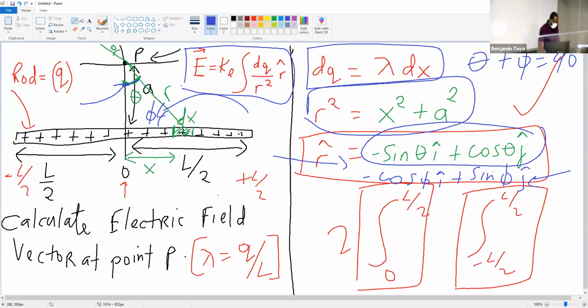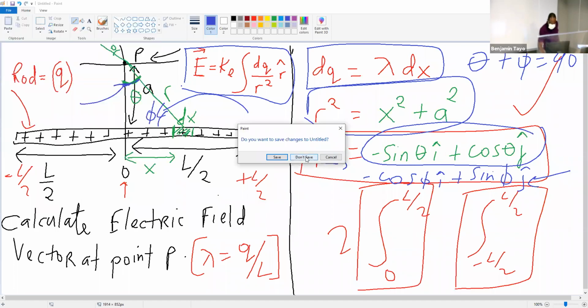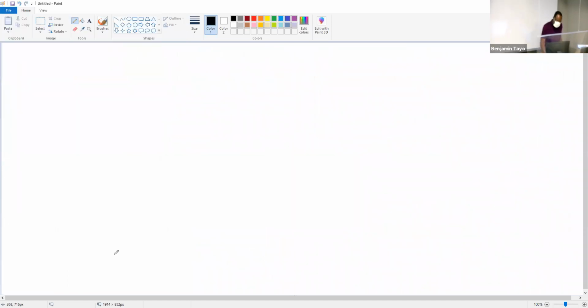Now, just because of time, let me just go ahead here. I'll write down everything that we know so far. So my electric field is KE. So this is what we have so far.